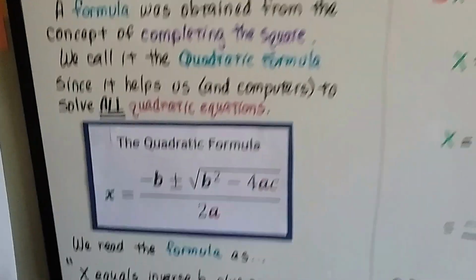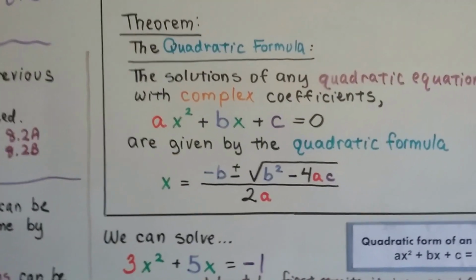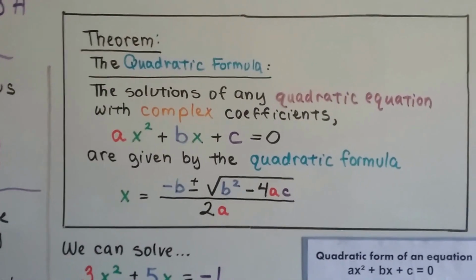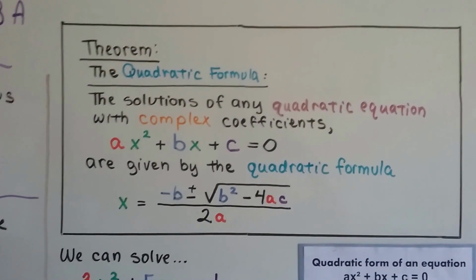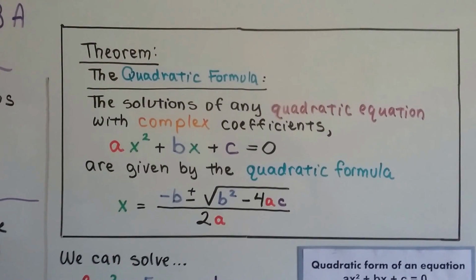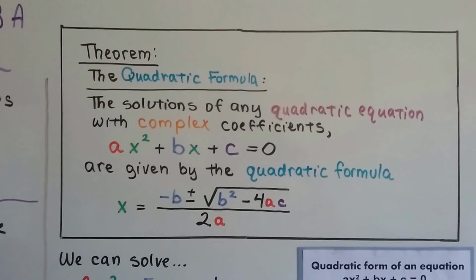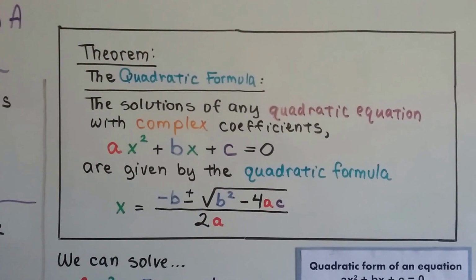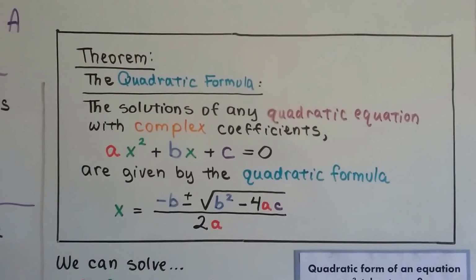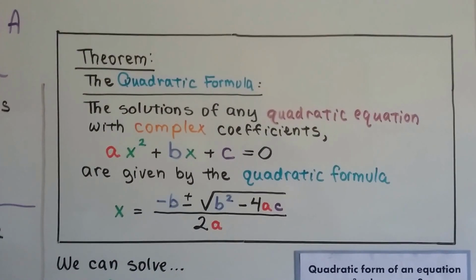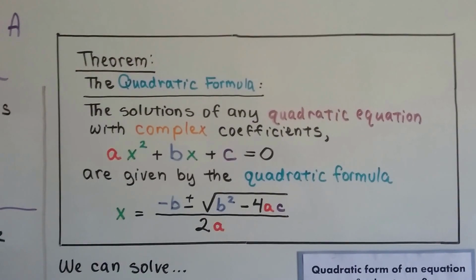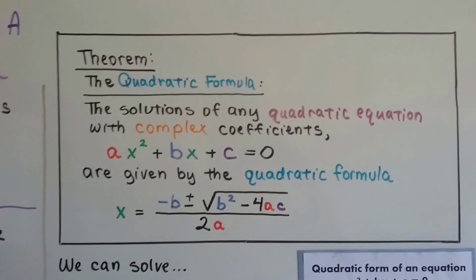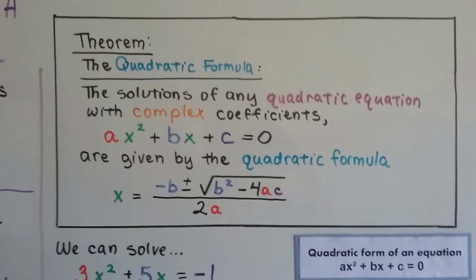Here's our theorem for the quadratic formula: the solutions of any quadratic equation with complex coefficients, ax squared plus bx plus c equals 0, in standard form, are given by the quadratic formula x equals the inverse of b plus or minus the square root of b squared minus 4ac, divided by 2a.